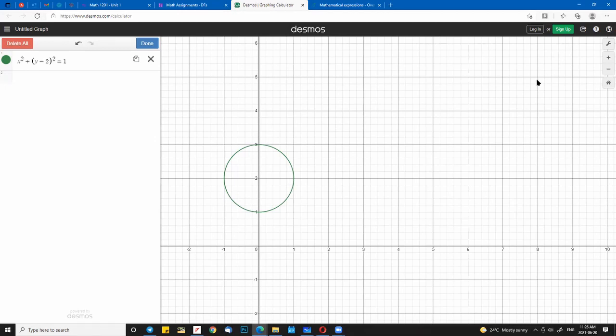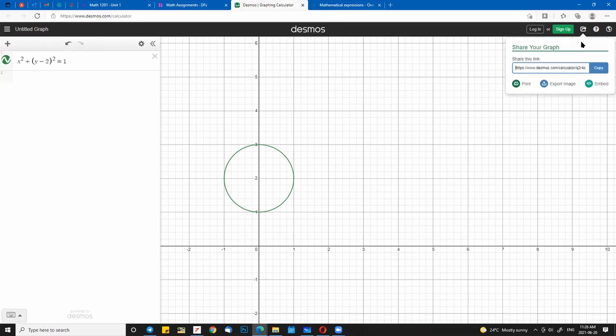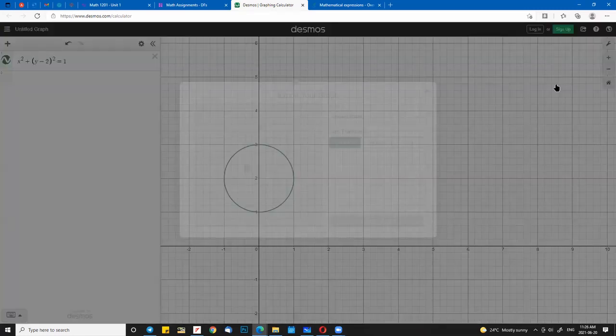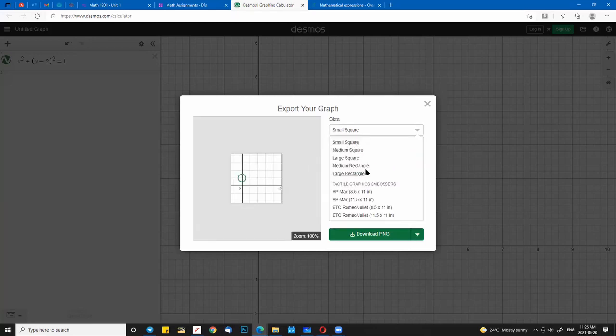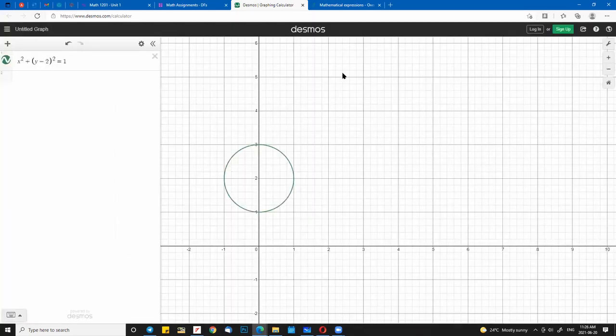Or you could click on this symbol here, share graph, and this one, export image. Change it however you like it, and then you could put it into your math assignment.